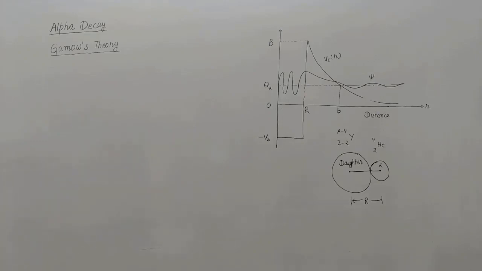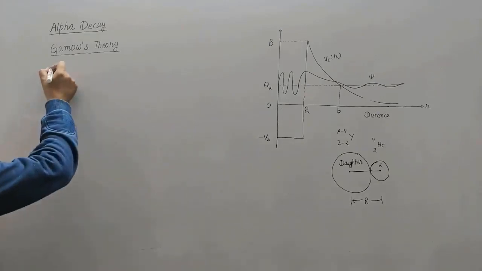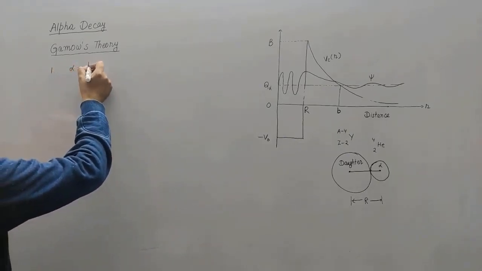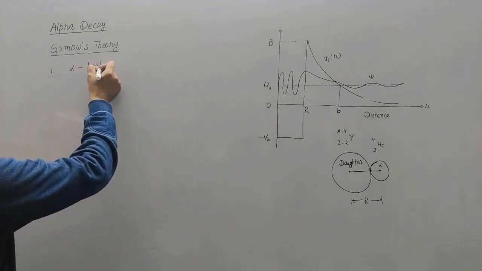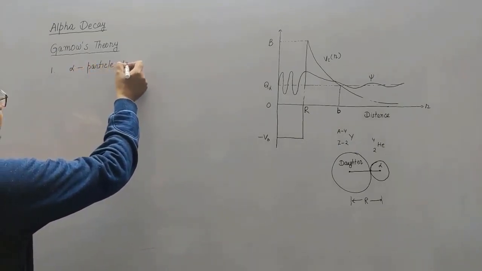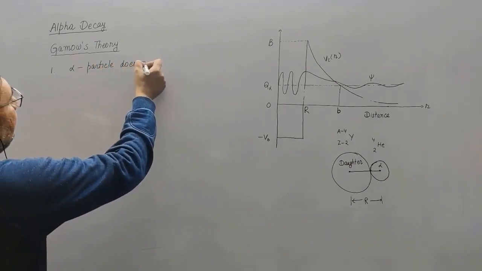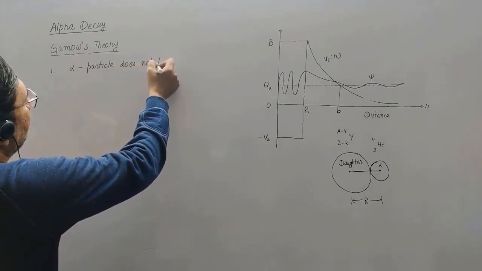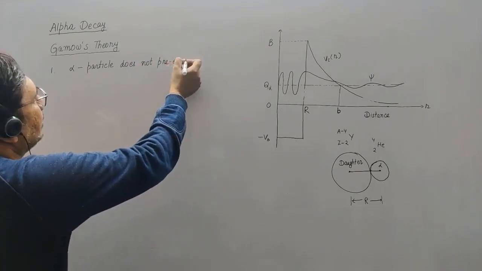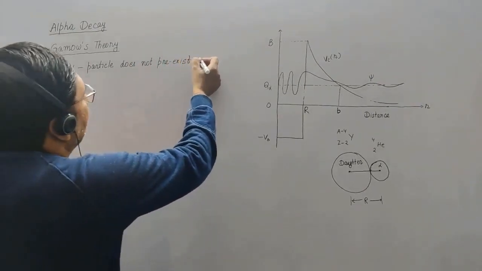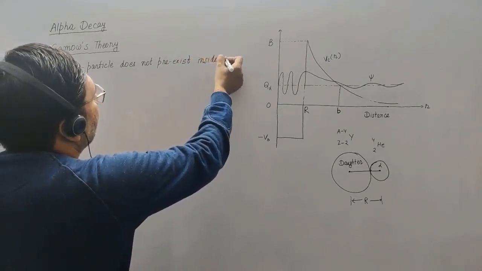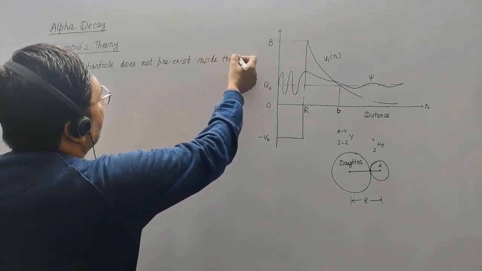The first and foremost postulate was that this alpha particle does not pre-exist inside the nuclei.